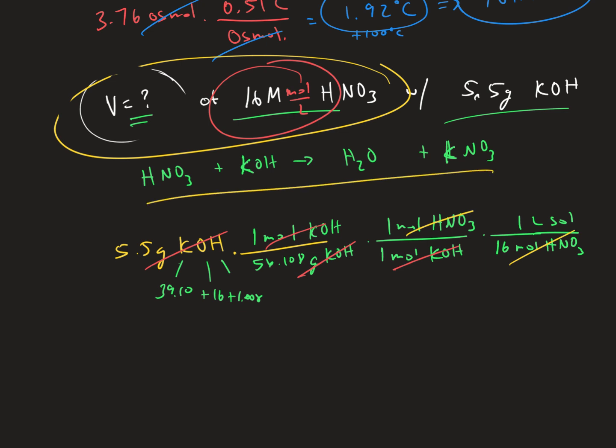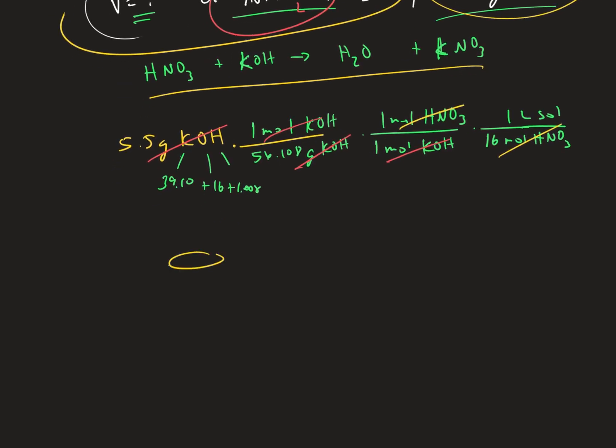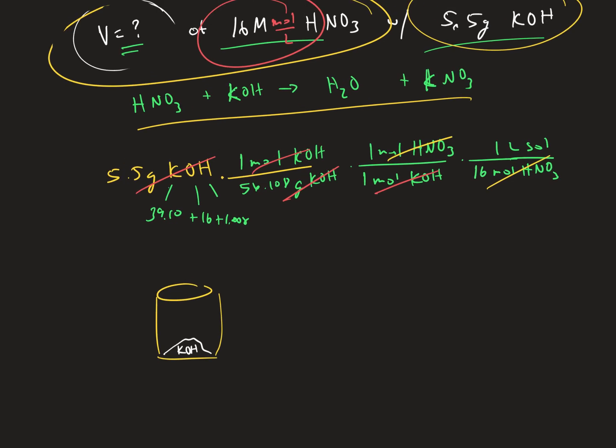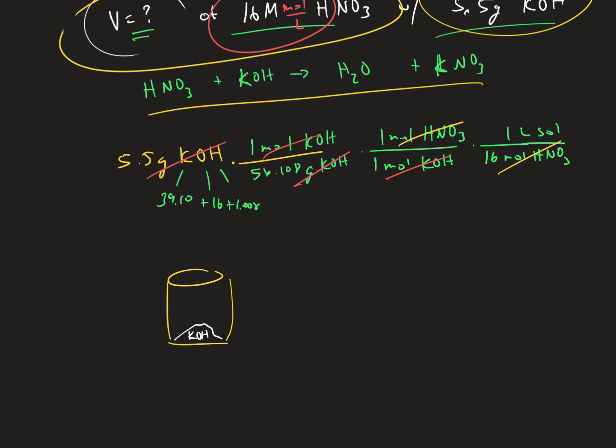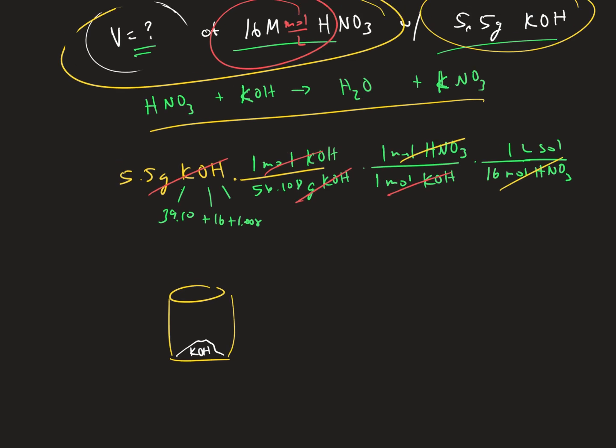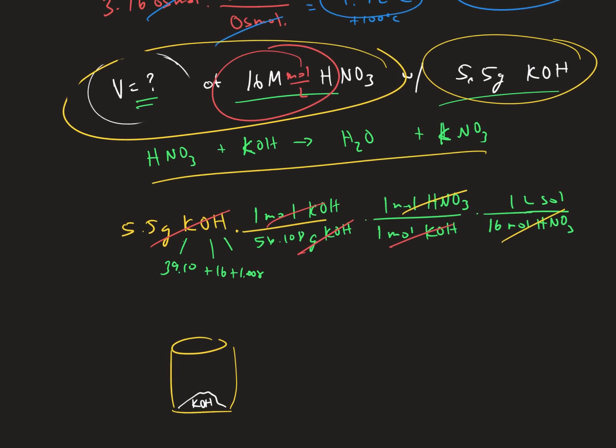If we have 5.5 grams, so here's our little reaction vessel, and we pour, there's our KOH. So we have 5.5 grams of KOH in there. And we want to know how much of this do we put in there to neutralize it.